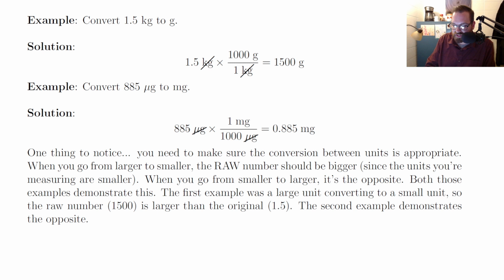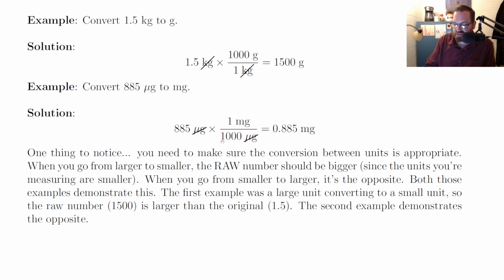So what we can do is take 885 micrograms and convert it. Now, in all the cases that we've looked at previously, the bigger number has been on top and the smaller number has been on the bottom. But in this problem, because we're converting from something small to something big, rather than big to small like in the previous example, the relative size of the units is going to be completely backwards.